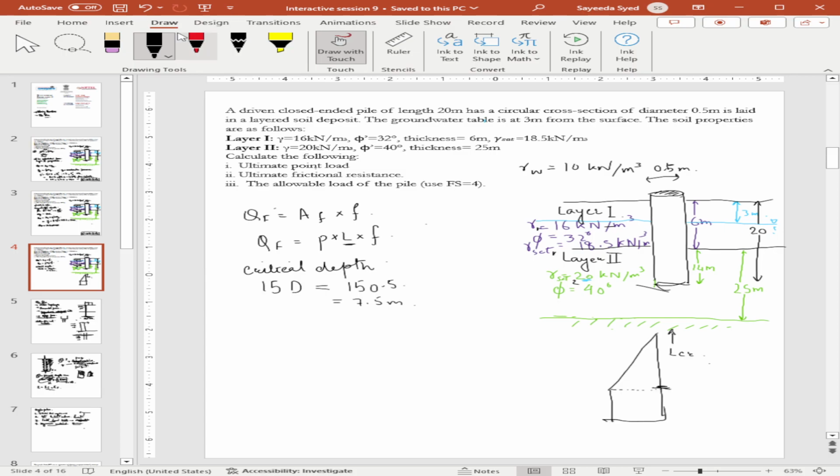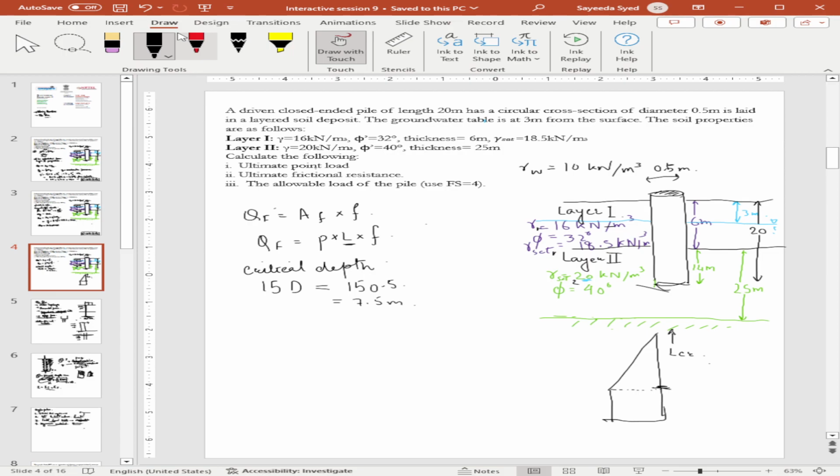So what we will do is we will find the distribution of this resistance and actually calculate the area.